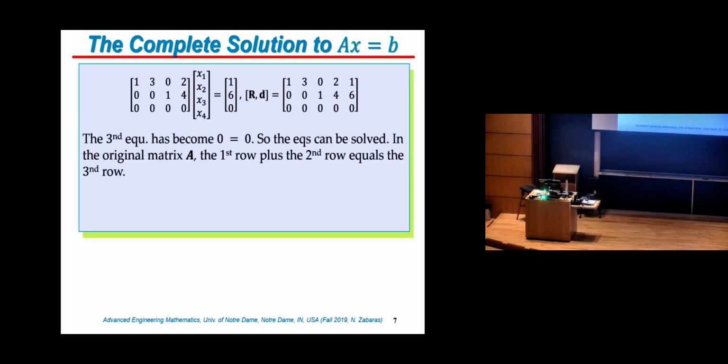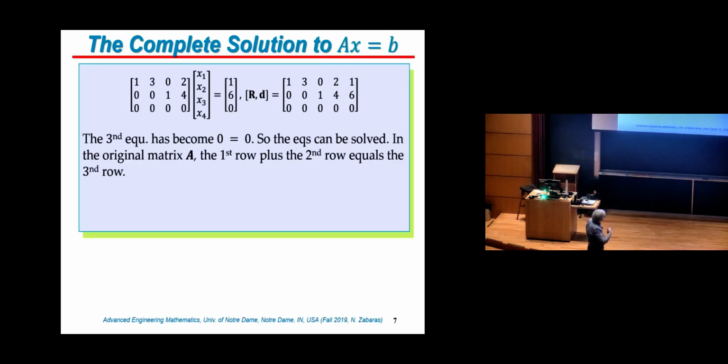And we said that to find the particular solution, we will put the free variables equal to 0. So you have an identity matrix, then another F matrix, equal to the vector 1 and 6. What is the particular solution when the free variables are 0?